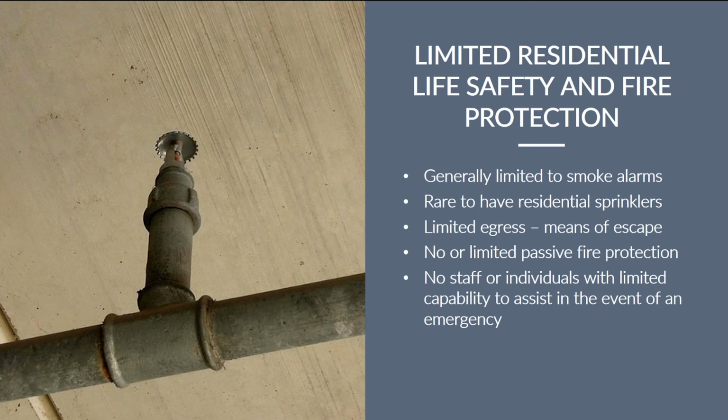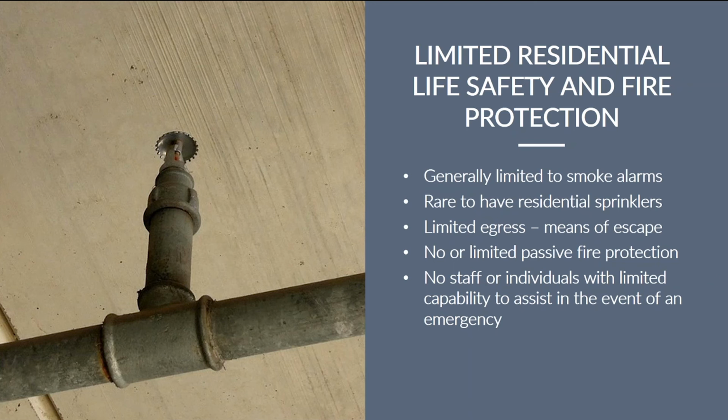So we have someone who is significantly impaired being looked after by someone who has limited capability to assist in the event of an emergency. Really lining up a lot of factors that increase the risk for this population.